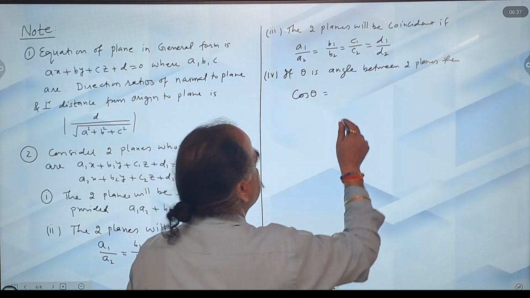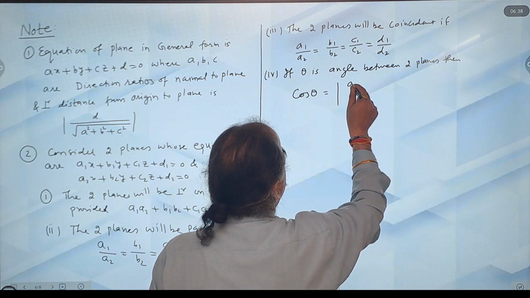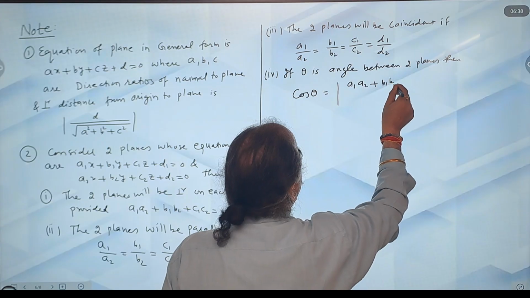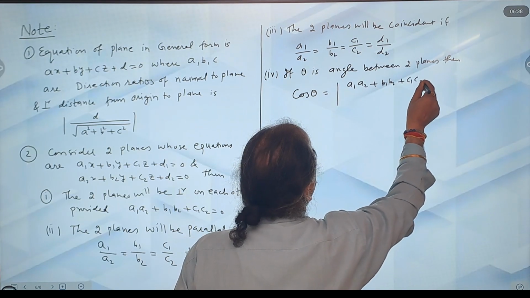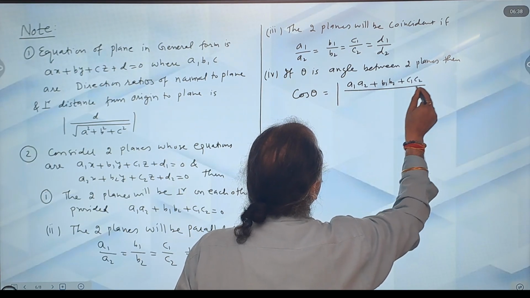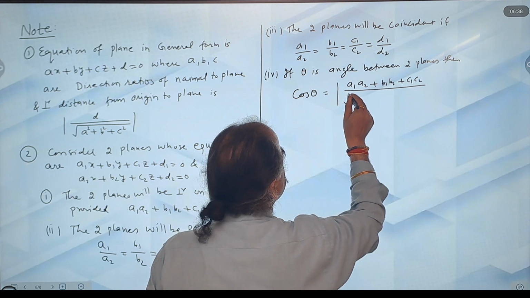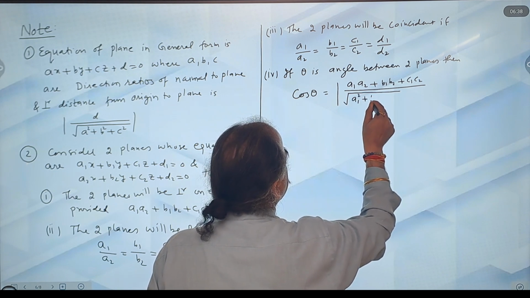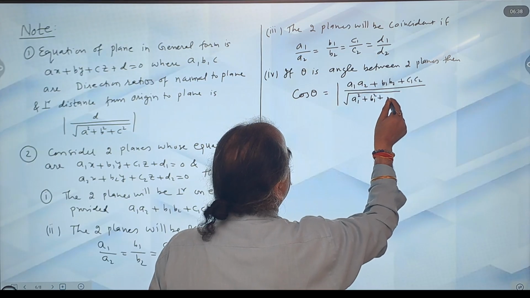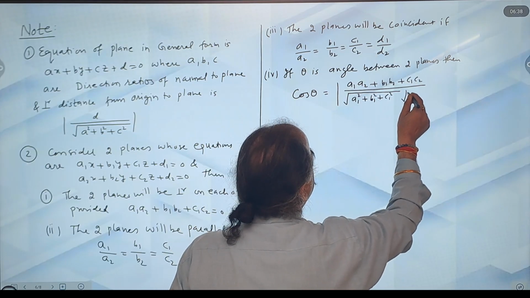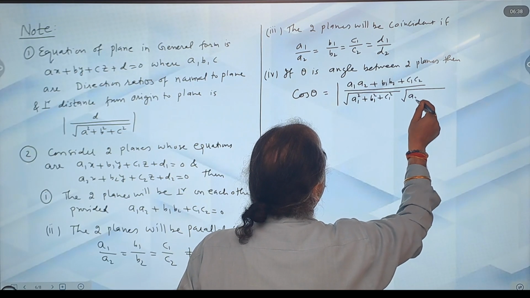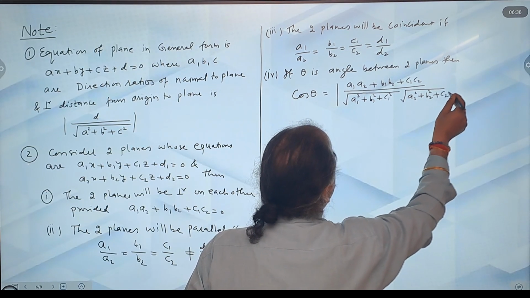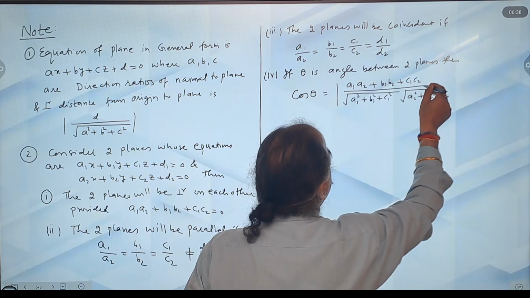So cos theta will be a1a2 plus b1b2 plus c1c2 divided by root of a1 square plus b1 square plus c1 square into root of a2 square plus b2 square plus c2 square.